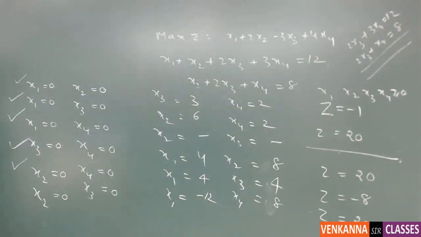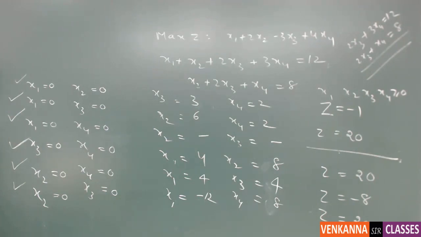Now what happens? Generally, while finding the basic solutions, feasible solutions, we do this procedure, depending upon the number of variables as well as constraints here. A basic solution means a solution which satisfies the constraints as well as the non-negative restrictions also.